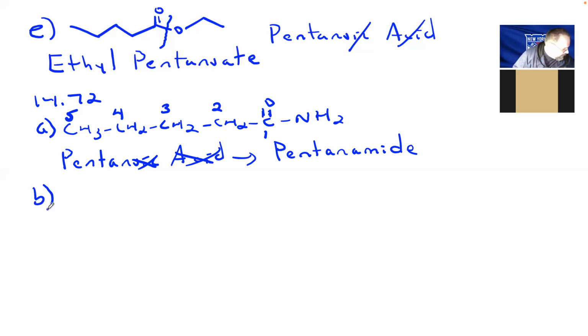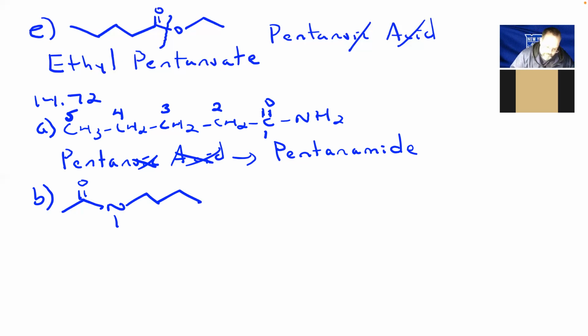Let's look at letter B. And of course, for letter B, they throw a branch on there that the book doesn't really even discuss, but okay. They do that from time to time. 2, 3, 4. Okay. So here, we're dealing with a tertiary amide.